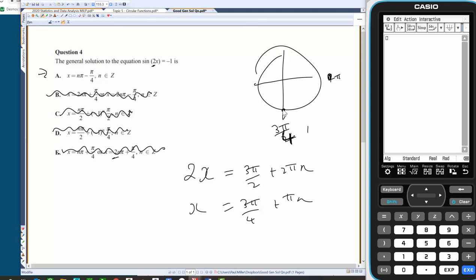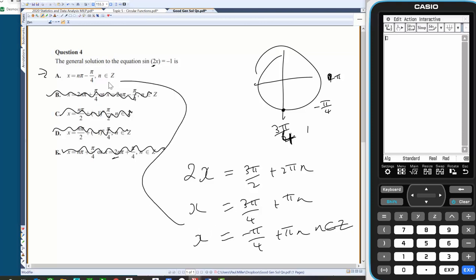All right, and what that means is to get to 3 pi on 4, I would go all the way around the unit circle, so from 0 to 3 pi on 4. But actually to get there, I could also go in the reverse direction and I would go negative pi on 4. So this solution here could equally be written as negative pi on 4 plus pi n, n is an element of z, which is option A.